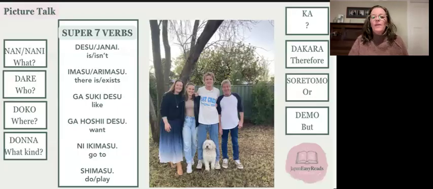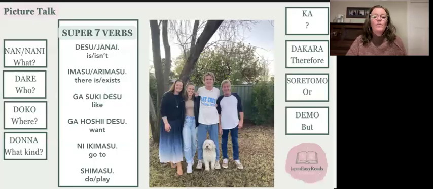So with that in mind, you can see here, this is a picture, a real talk picture, because it's of something real. It's me and my family and my dog, and this is my daughter's 21st birthday celebration.